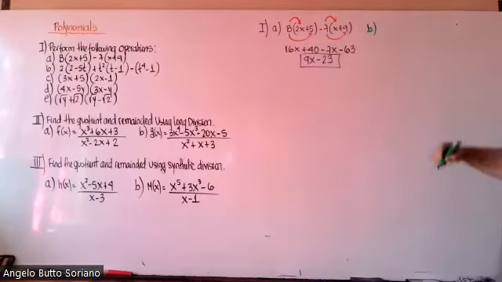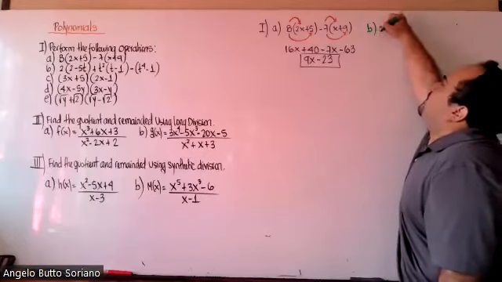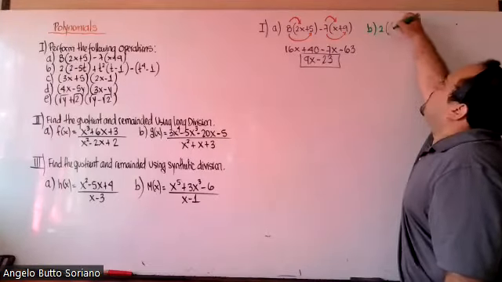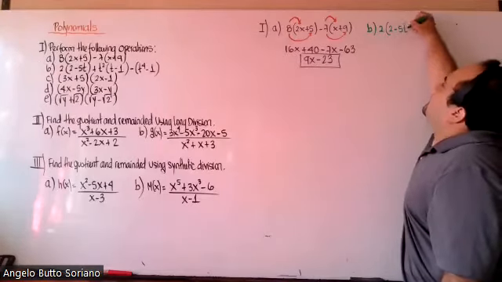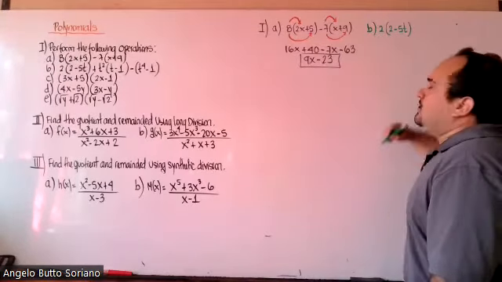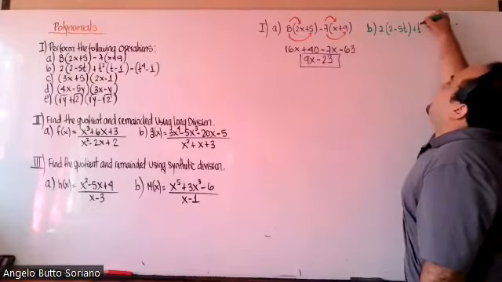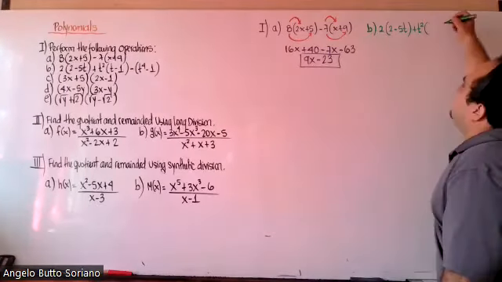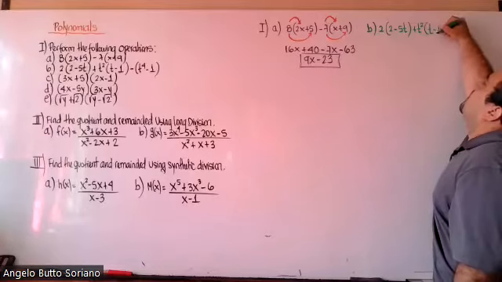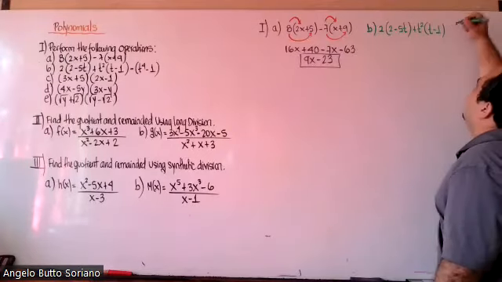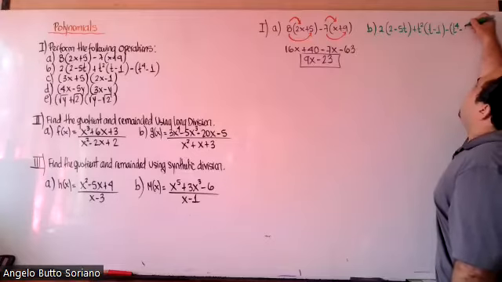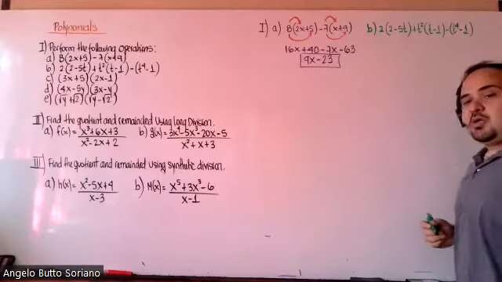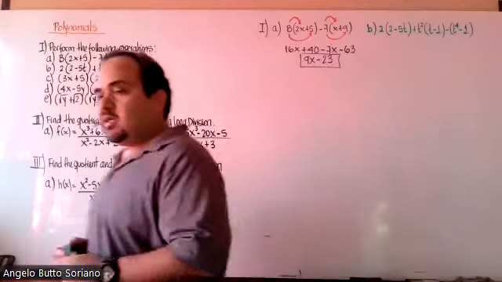Let's do the letter B. In the letter B, we have the product of 2 times the parentheses 2 minus 5t, plus t squared times the parentheses t minus 1, minus t to the 4th power minus 1. What we're going to do? It's simple.